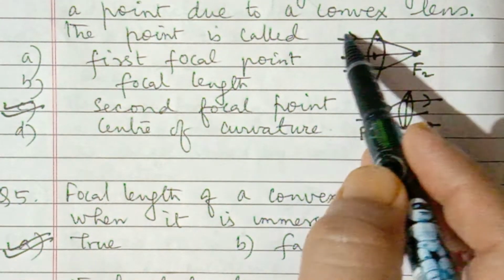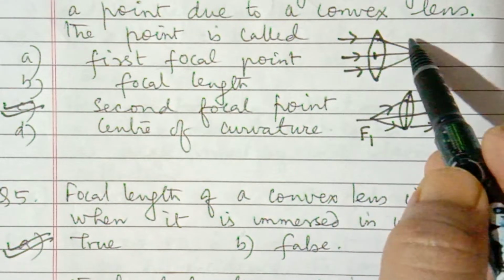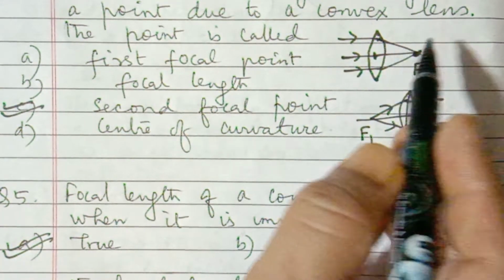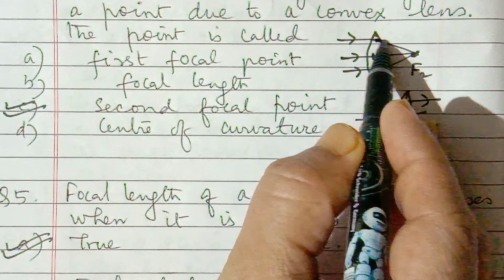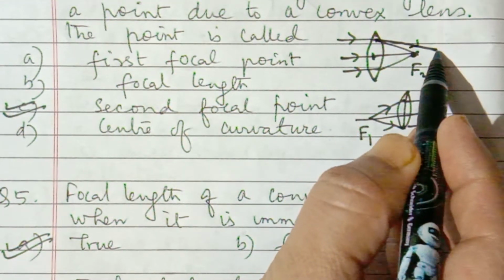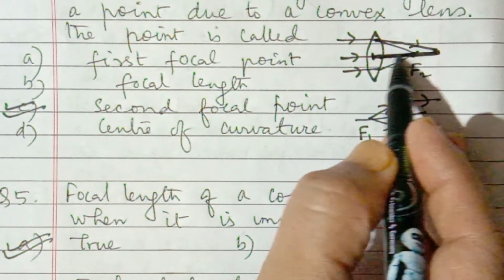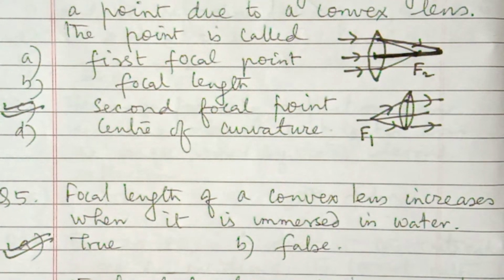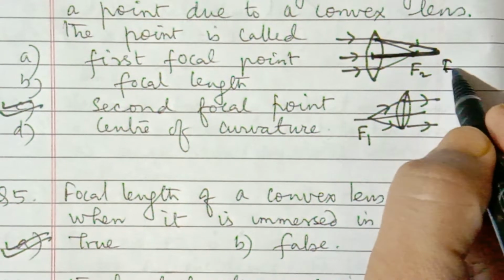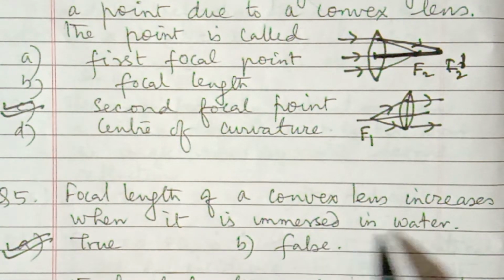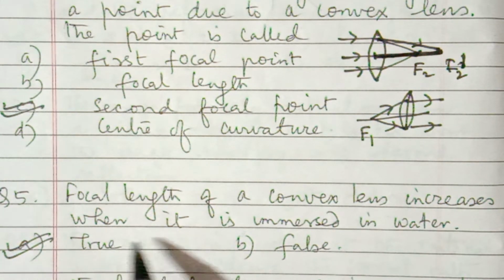Now when this medium is replaced with water, which has higher density than air, then bending will be less. That means this ray will go and meet here. So this will be the focal length now, which is more than this part. So that's why focal length increases when it is immersed in water.